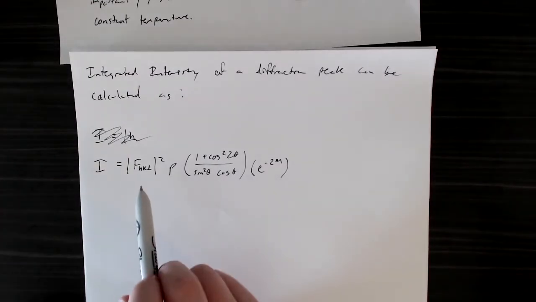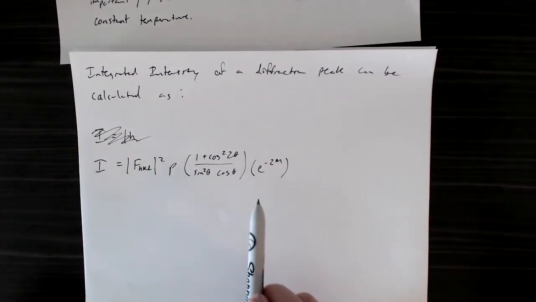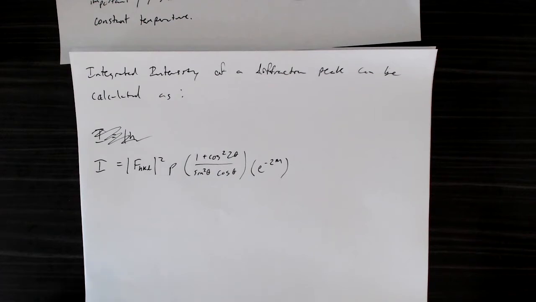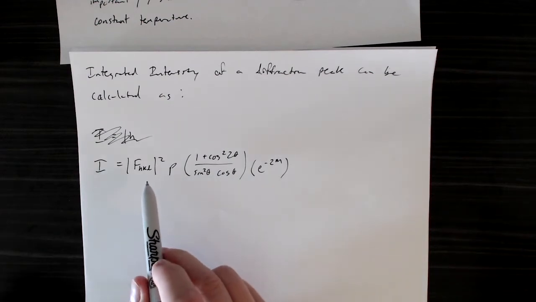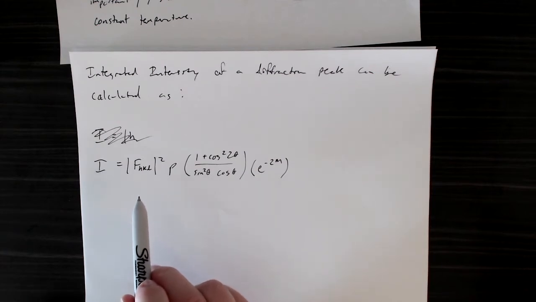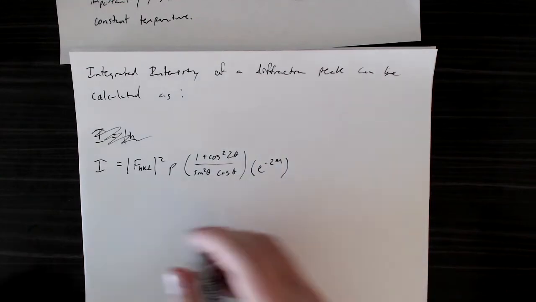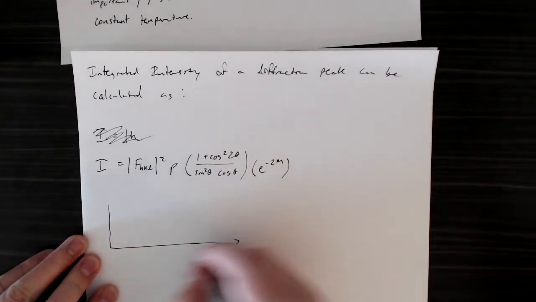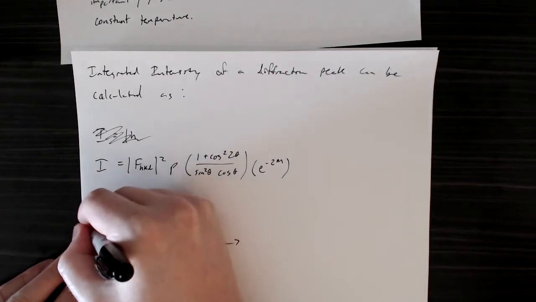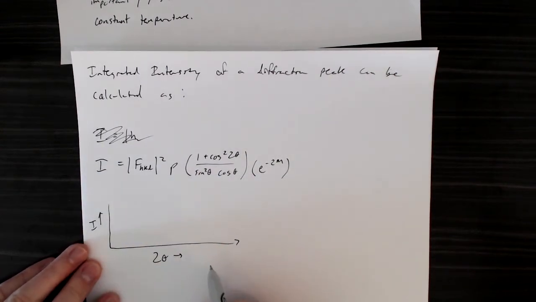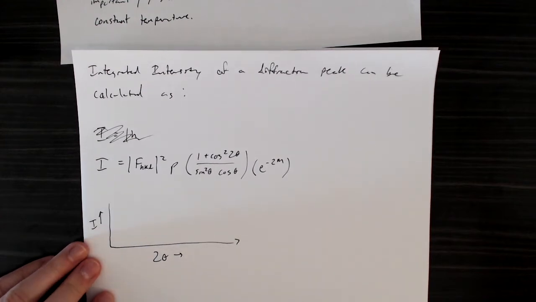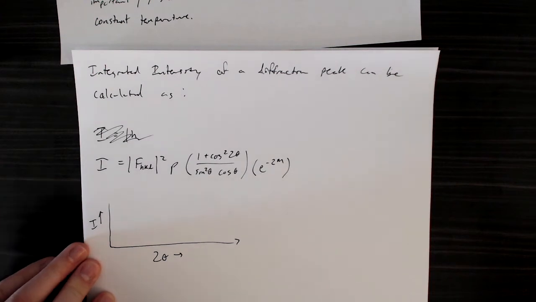This is how we can determine the intensity for each peak, and along with the 2 theta values and everything else we've done in terms of structure factor, this would allow us to predict the overall integrated intensity of a diffraction peak, and therefore predict a structure. Imagine we have 2 theta and intensity, and we want to predict what that would be for a given material, like iron that is BCC.